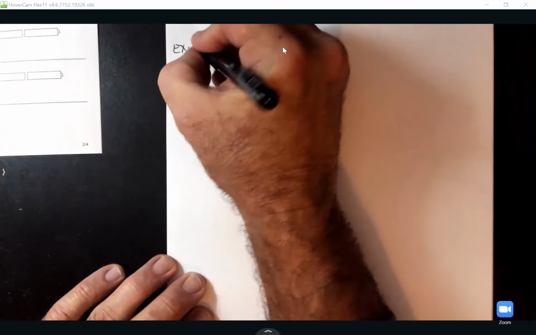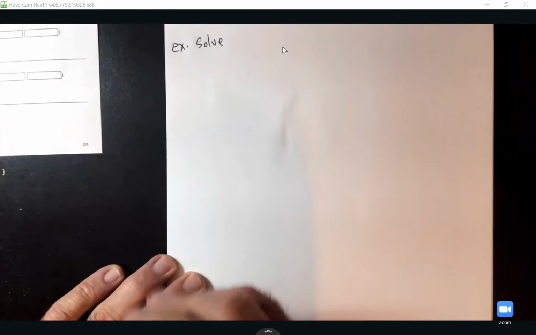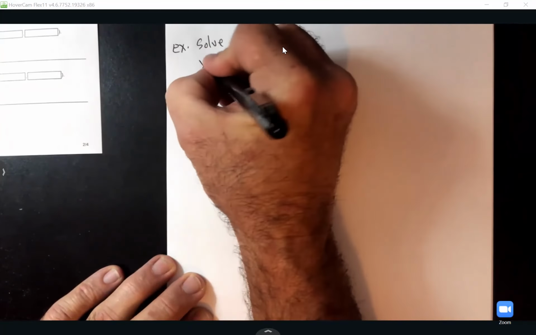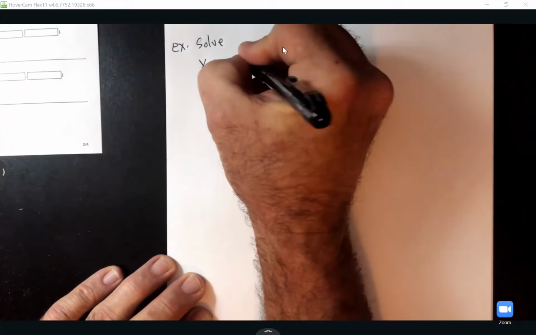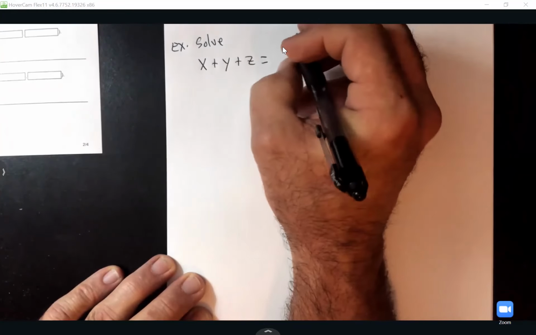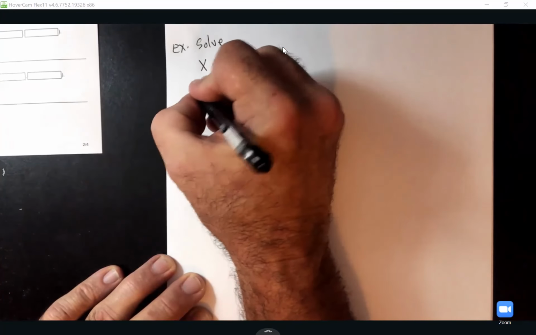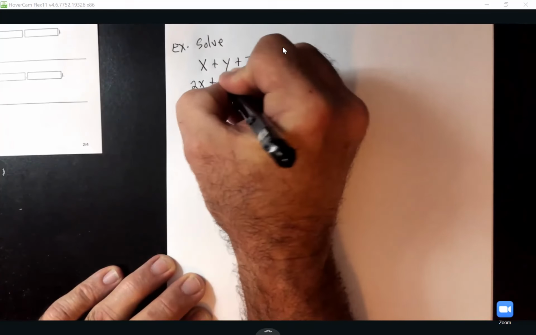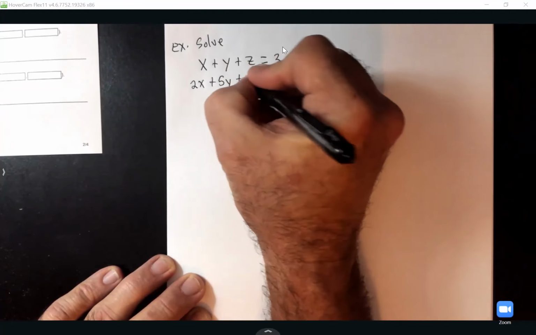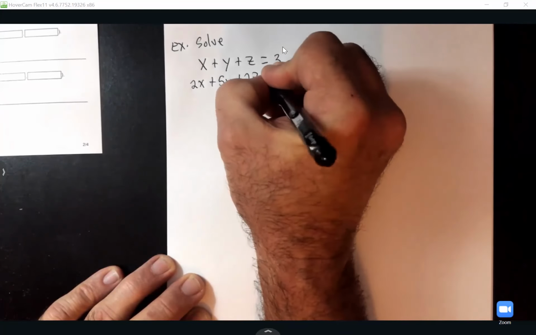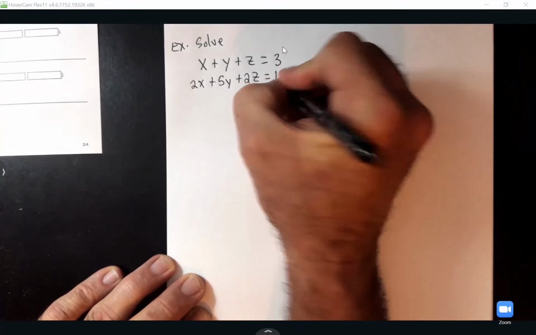We are now going to solve a 3-variable system. So solve this system. I got an x plus y plus z equals 3. I got a 2x plus 5y plus 2z equals 15.